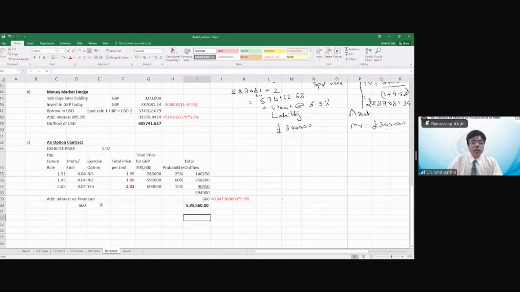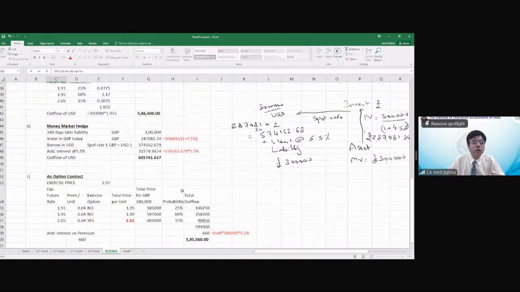Now, what was the question asking me? Out of the four options, which of the following strategies would be most preferable to XYZ Limited? XYZ Limited should opt for the one which has the least amount of outflow. Am I right?